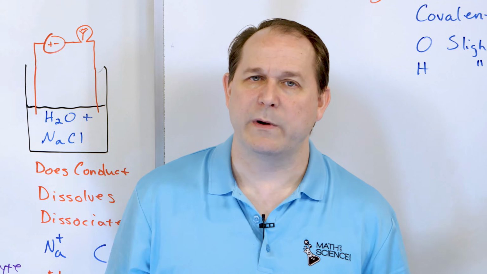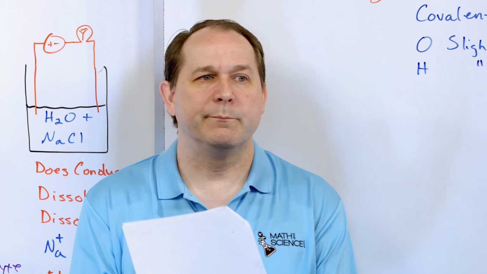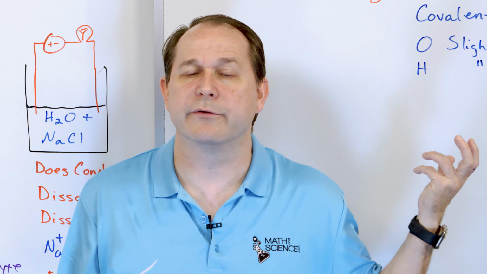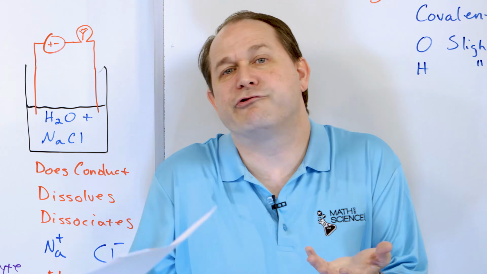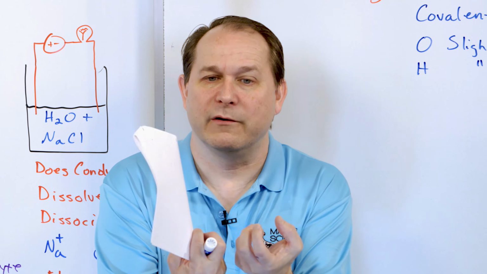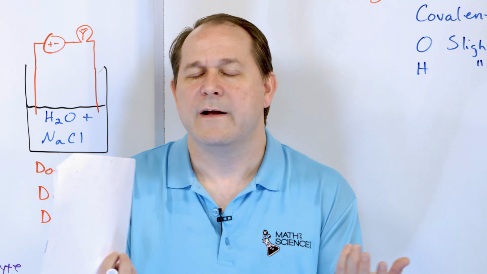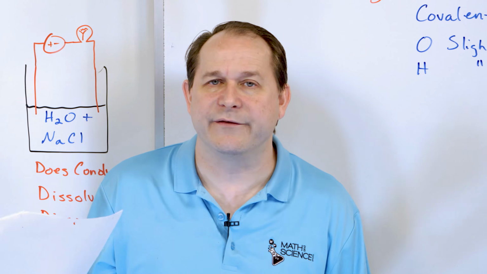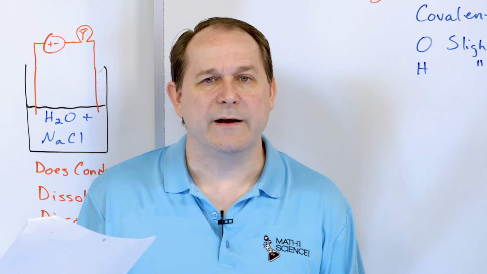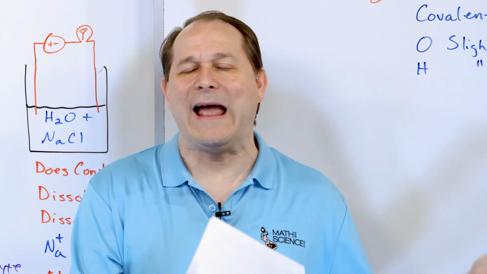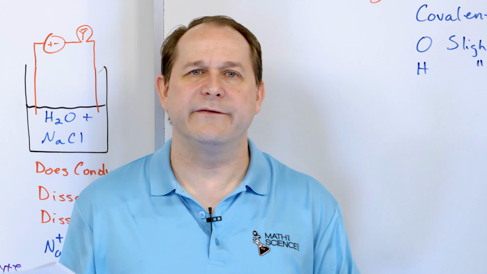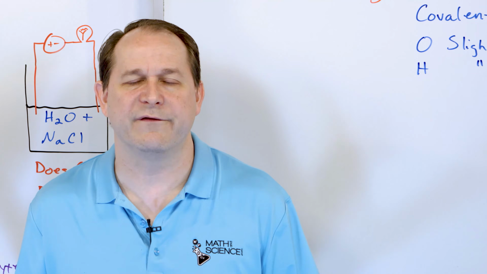Now, why is it able to rip it apart? Well, that just means that the pulling that's going on, the force from the water molecules, is stronger than the inter-ion force of the sodium chloride that's bonded together. So one force is stronger than the other. That's why it dissolves, right? If you ever want to know in chemistry why something happens, it almost always is just because the force of one thing was stronger than the force of another thing.